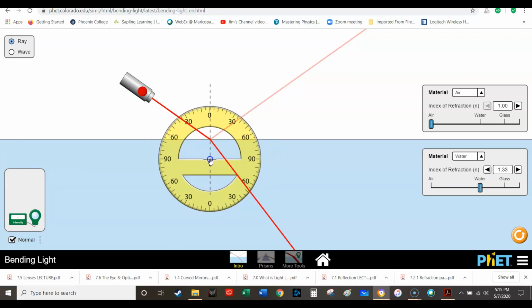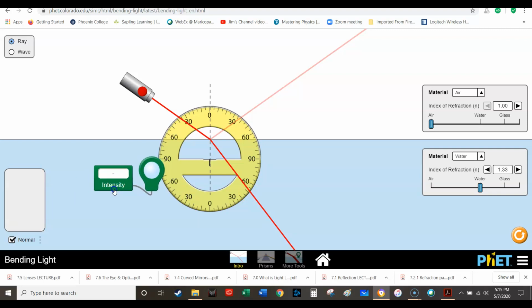So you can see that angle is about 36, 37 degrees. And this other angle down here looks like it's bent to about 50 degrees.